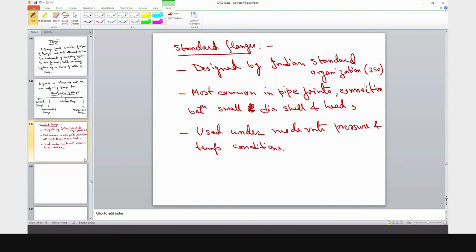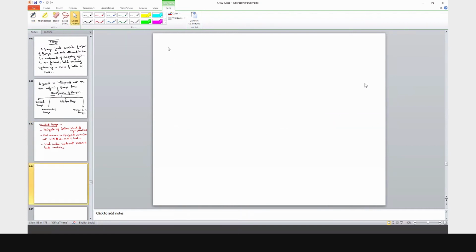Now the non-standard flange. It is designed according to your needs, specific material, shape, size, bolting arrangement.